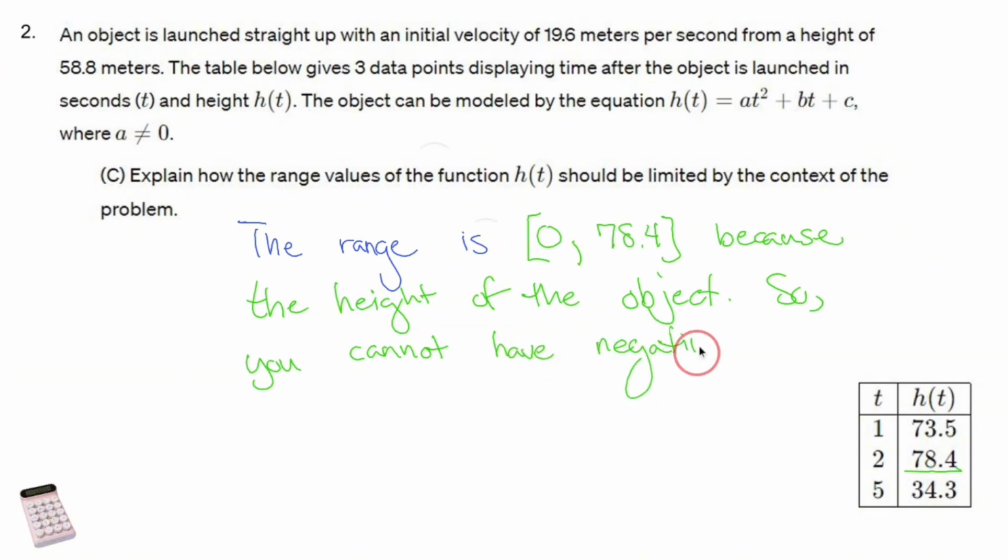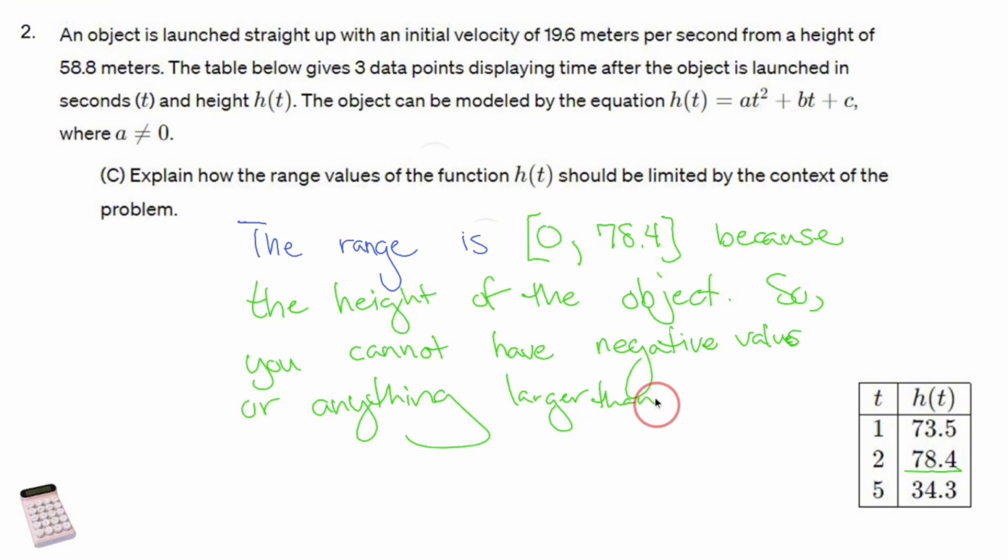And you can't have anything greater than 78.4, or anything larger than 78.4. All right, so that's why. Because you have an object you're shooting into space, you can't go greater than the thing that you get. You can't go to infinity. You can't go to the negatives because that would be underground, which is just silly.